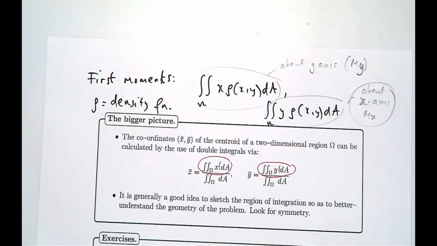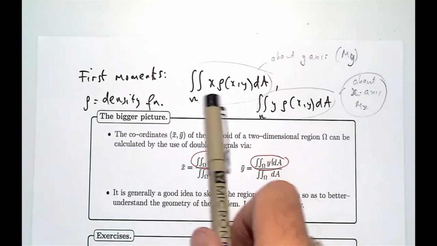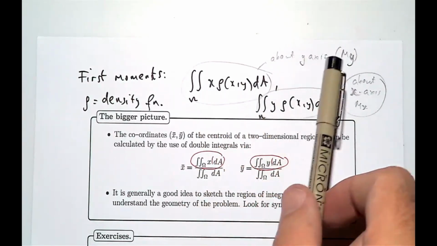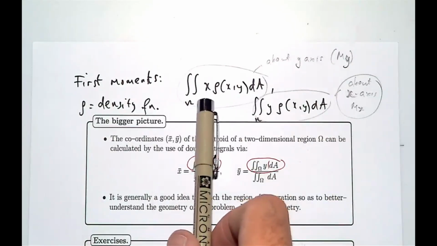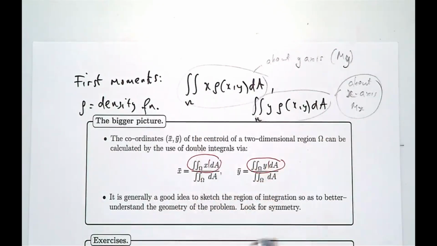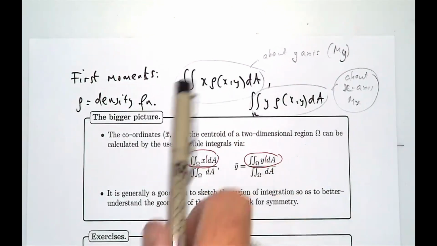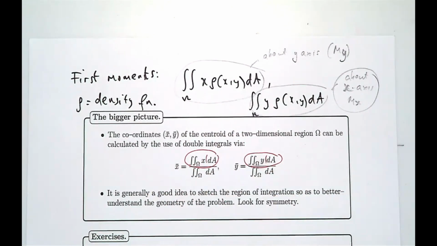So in Mobius, in week 5 or week 6, you'll get questions on this, right? And so the way I remember it, for this first moment, this is the first moment about the y-axis. So basically it's the distance to the y-axis, which is x, times the mass, or however you want to think about that second bit, okay?